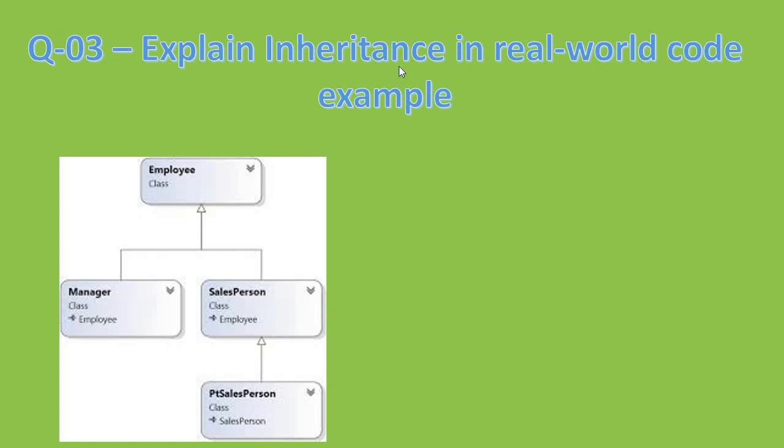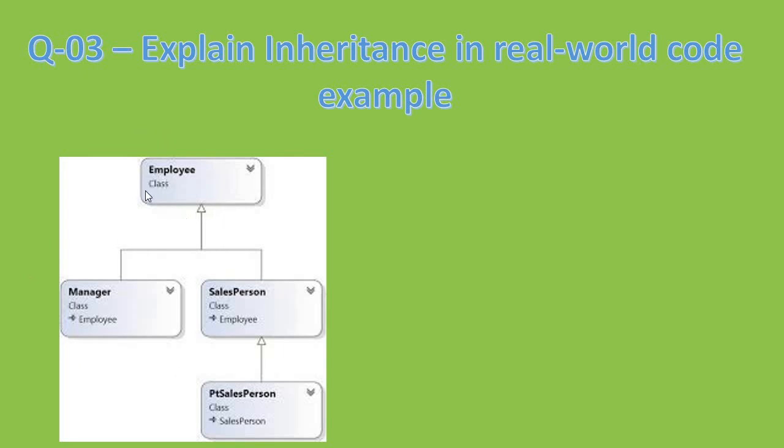In inheritance we have two relationships, which mean a parent-child relationship. All the properties and methods automatically come to the child from the parent, right? This employee is a parent class. The manager is a child class, right?